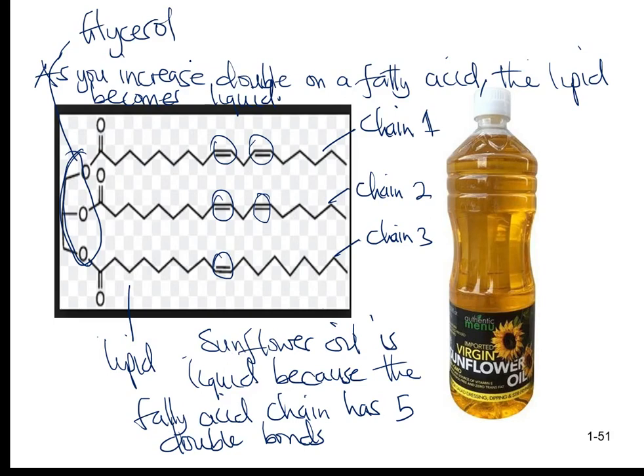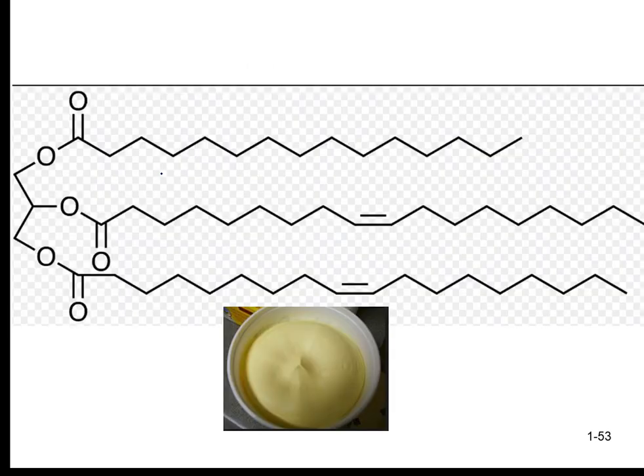And the lipid will be in liquid form if you have so many double bonds. So sunflower is a liquid. The same with canola oil. You can see we have also 5 double bonds here. We expect canola oil also to be liquid, and you know how canola oil looks like. It is a lipid, but it is in liquid form. Now look at margarine. Margarine only has 2 double bonds.